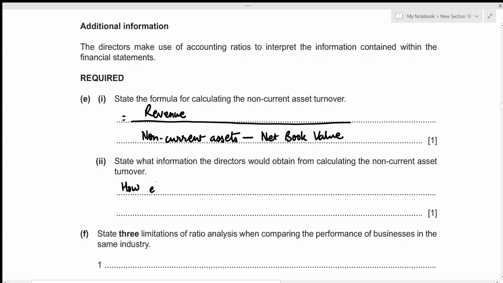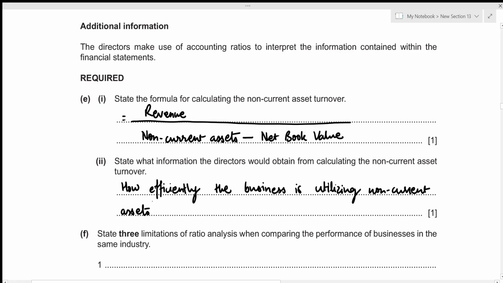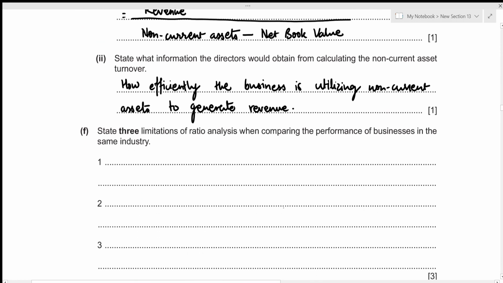How efficiently the business is utilizing non-current assets to generate revenue. Alright, this concludes the fifth part. We can move to the sixth one.